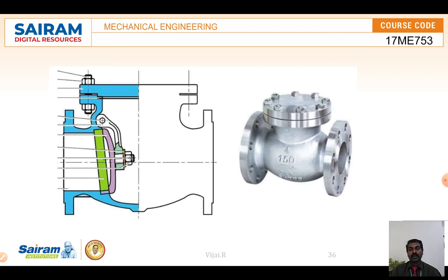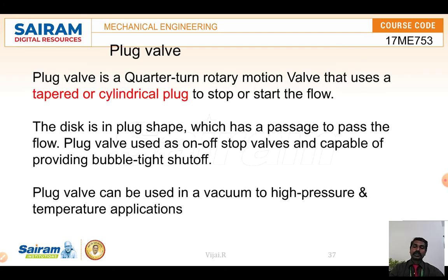So it's a check valve; we can call it by any name. Here, when the liquid flows in, it pushes the valve open and it moves in the forward direction. When it closes, the return flow of the liquid is automatically avoided.